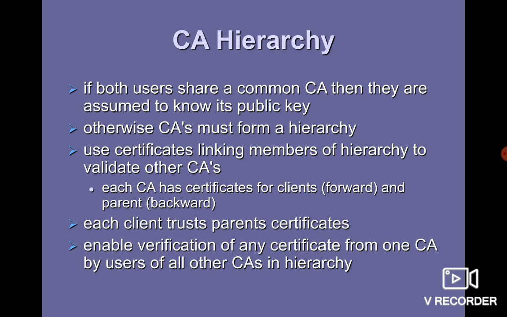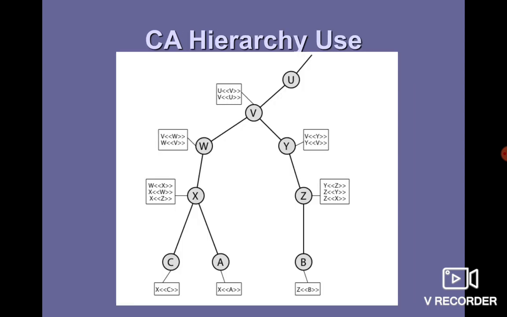So what is the CA hierarchy? If two users get their certificates from a common certification authority, they are assumed to know its public key. Otherwise CAs must form a hierarchy, like this.